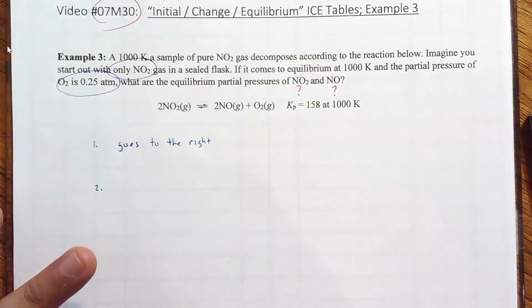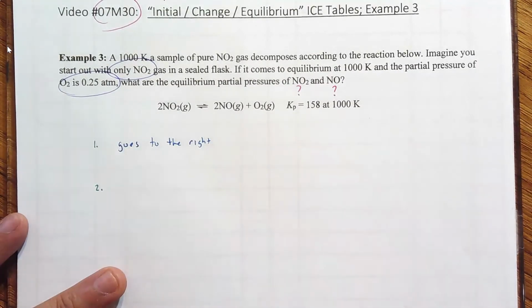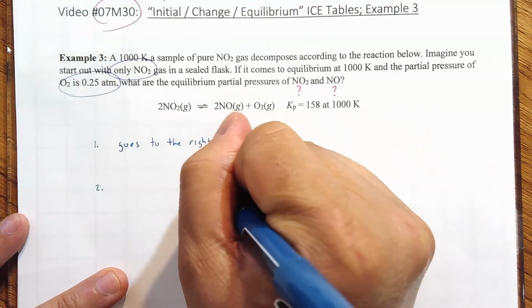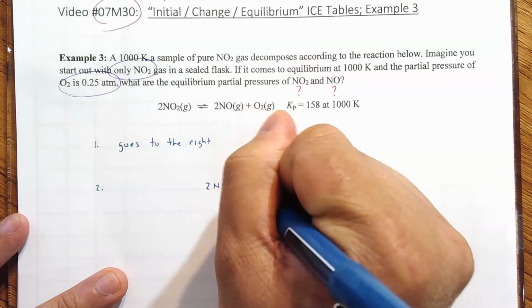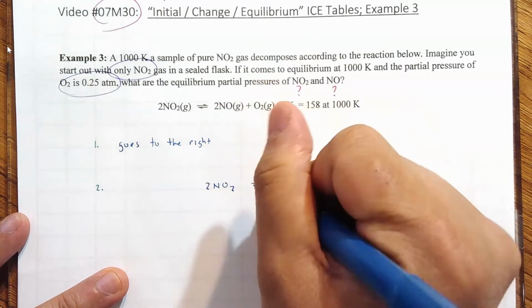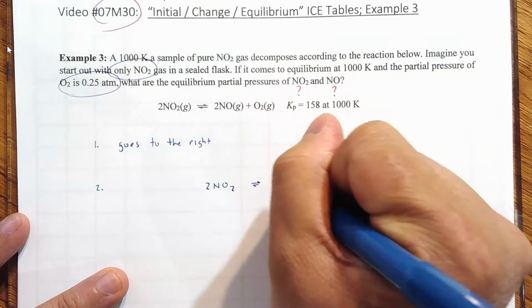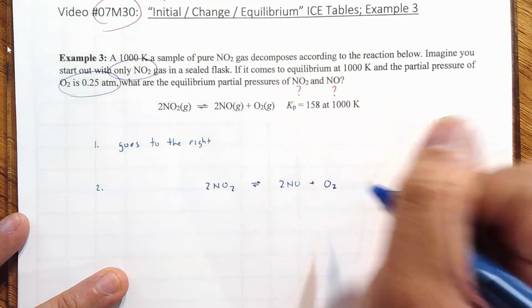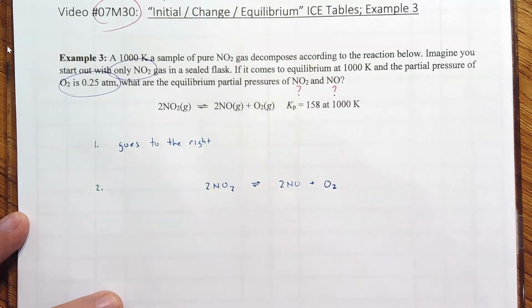Honestly, this is a very interesting problem, and I'm kind of curious to see, do you know how to set up the ice table? What numbers would you plug in? Let me get the first row, the reaction row, started. Everything is a gas, so I'm not going to worry about putting the phases.